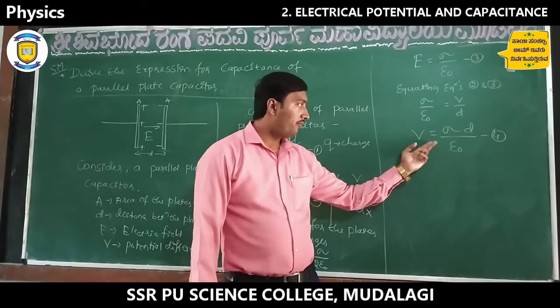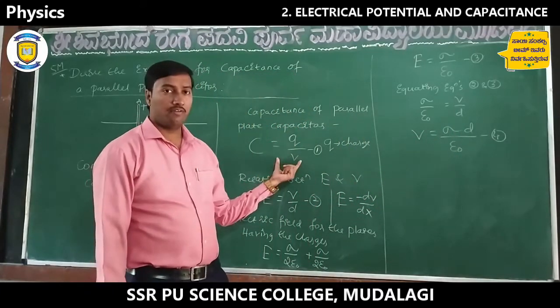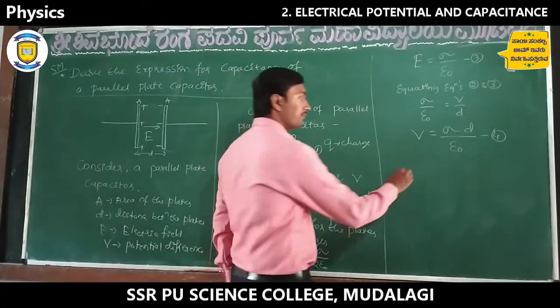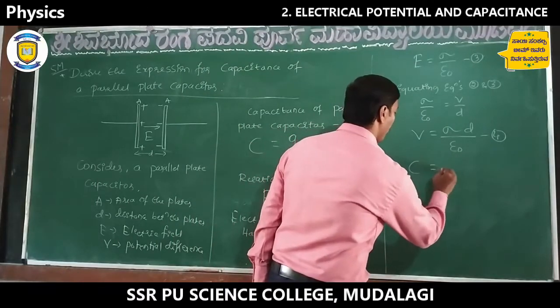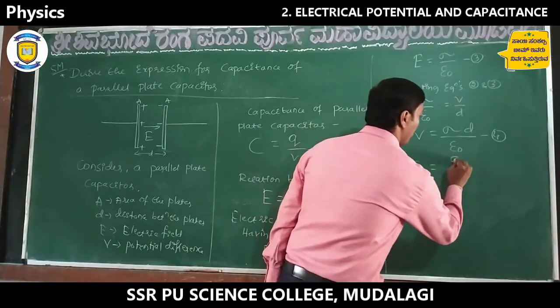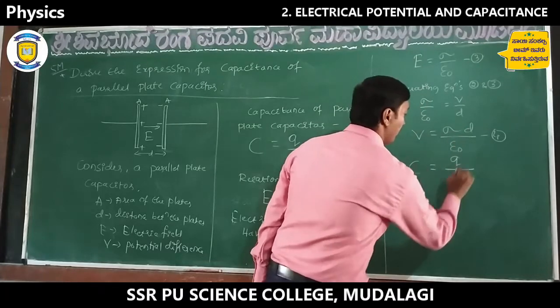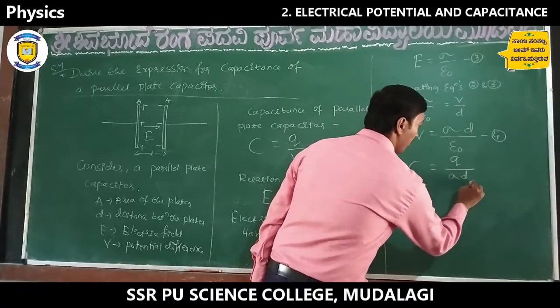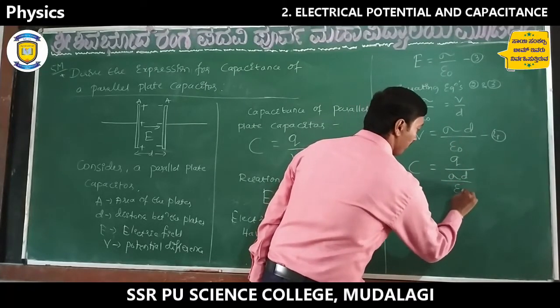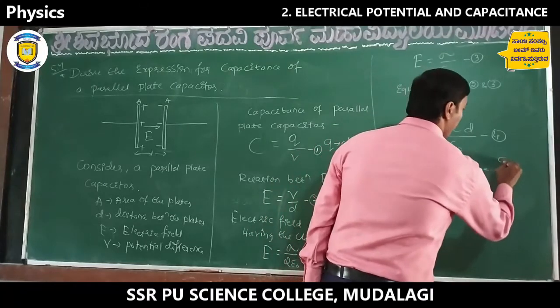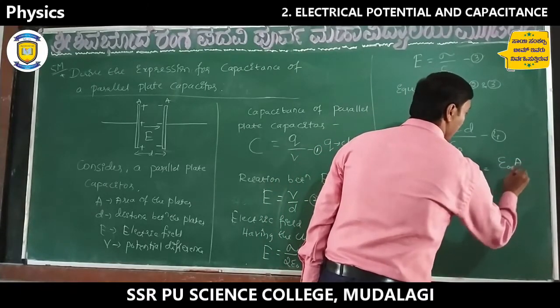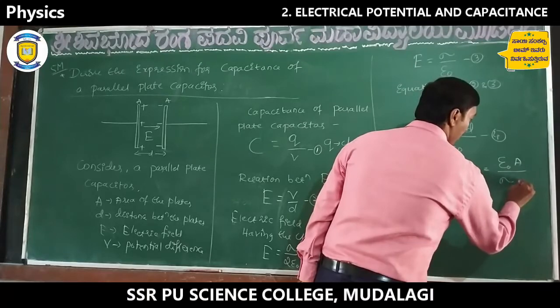This value of V is substituted in equation number 1. So C is equal to Q by V, that is Q divided by sigma d by epsilon naught. So this is epsilon naught Q divided by sigma d.